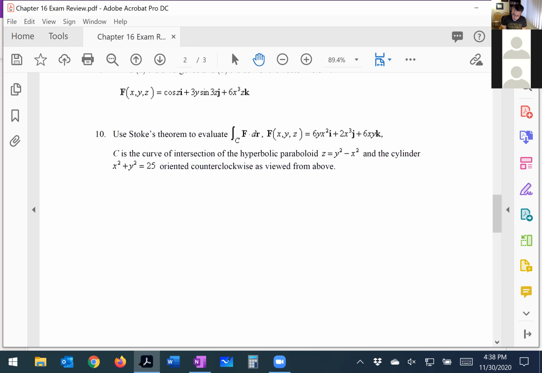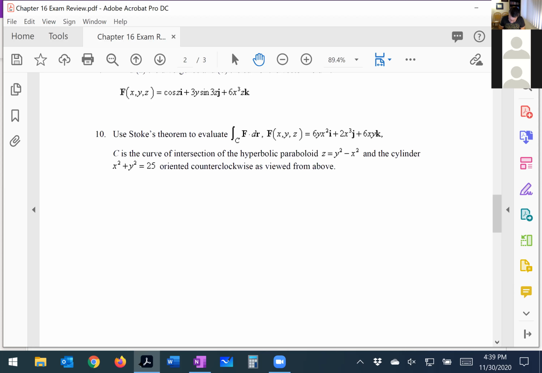So positive orientation basically. Counterclockwise is positive orientation. The intersection of these two things, and this paraboloid is 0, 0, 0. It's a saddle point actually. Hyperbolic paraboloid.